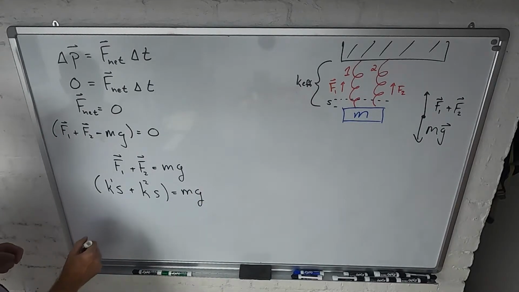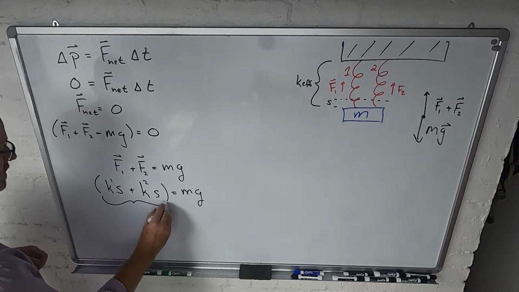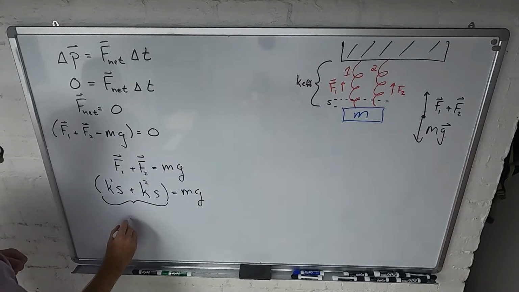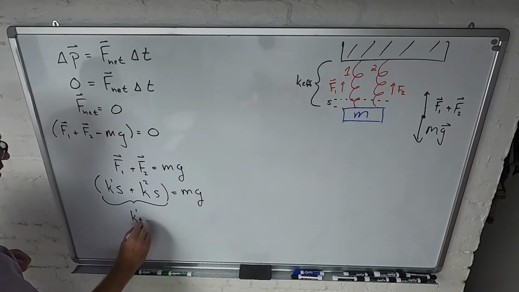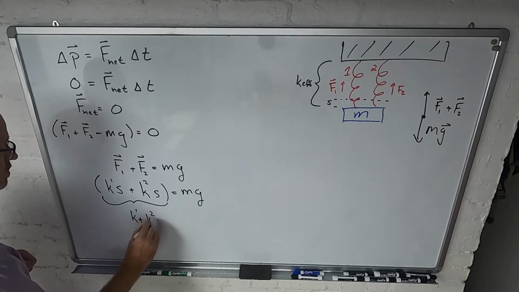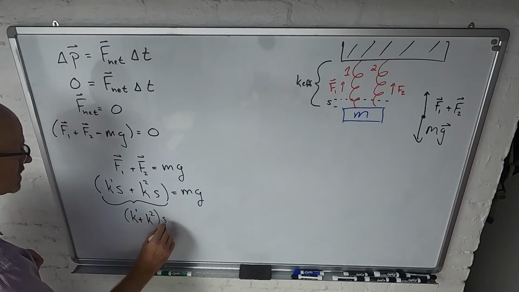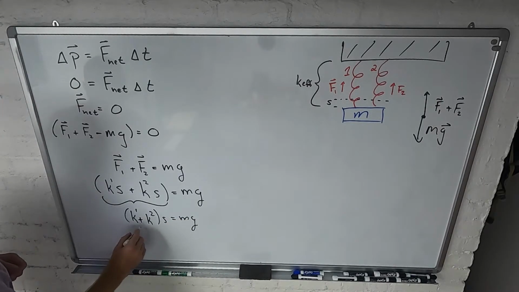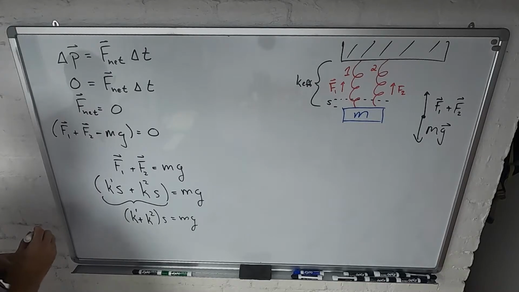And what we find is that this quantity right here is K effective times S. So this becomes K1 plus K2 times S is equal to mg, which means that this quantity is our K effective.